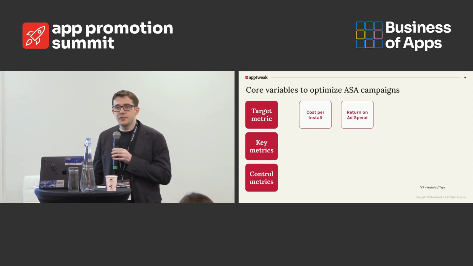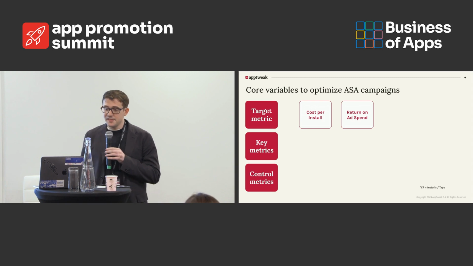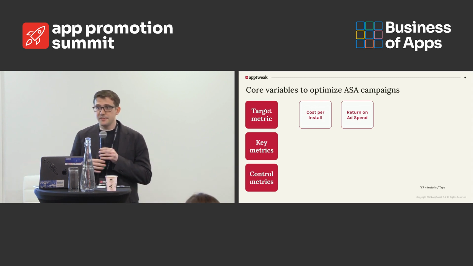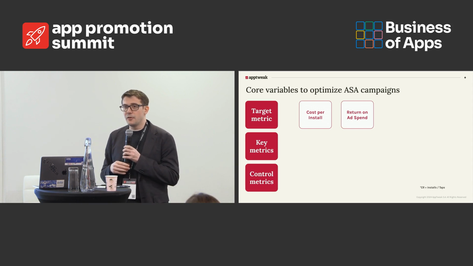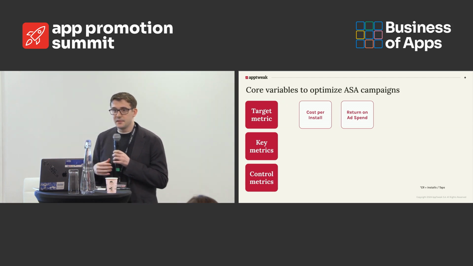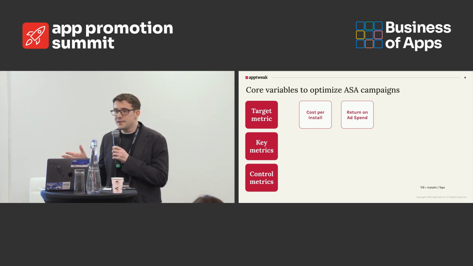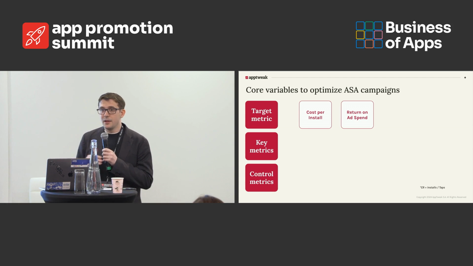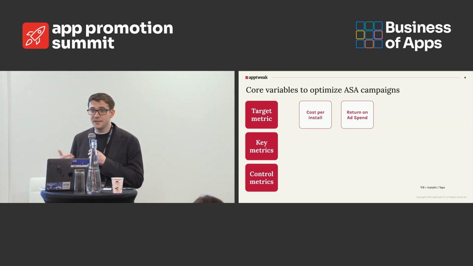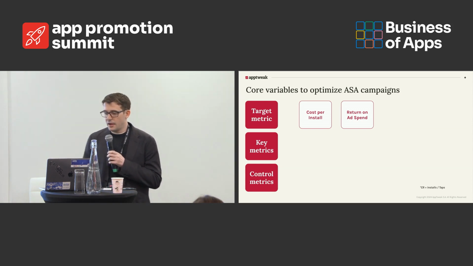I'll basically assume everyone should have a target metric that's either cost per install or return on ad spend. So these, we actually don't really change in optimizing campaigns, or the goal at least is we know we have a certain cap and we're going to be happy or unhappy with the result of our campaigns based on performance.